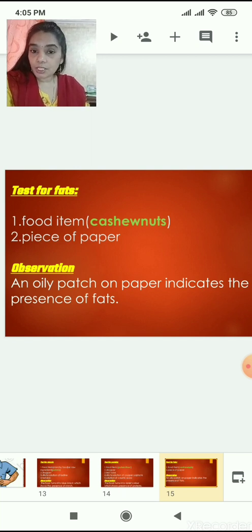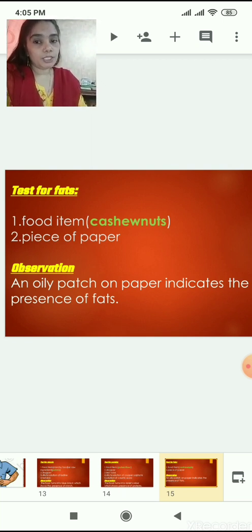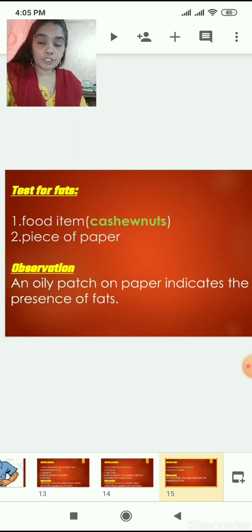In this session, we learned to conduct tests on some food items to detect the presence of nutrients, which components are present in that food. By the changes of color, we learned the presence of carbohydrates, that is starch, proteins and fats. In the next session, we will learn what various nutrients do to our body.